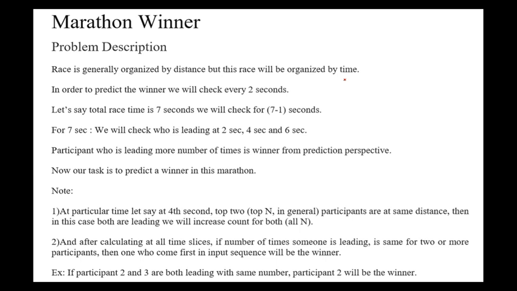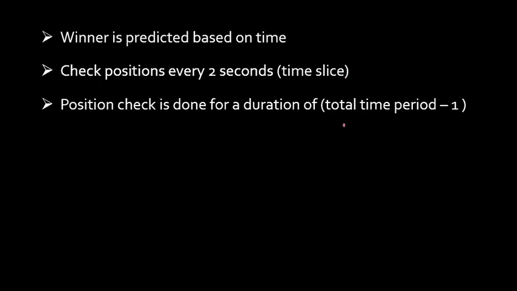Check until the previous one. Ignore the last second. That is what they mean here. So, in this case, what should you say? Position check is done for total time period minus 1. We will not check throughout the time period. Ignore the last second. So, total time period minus 1. We will check only for this part.